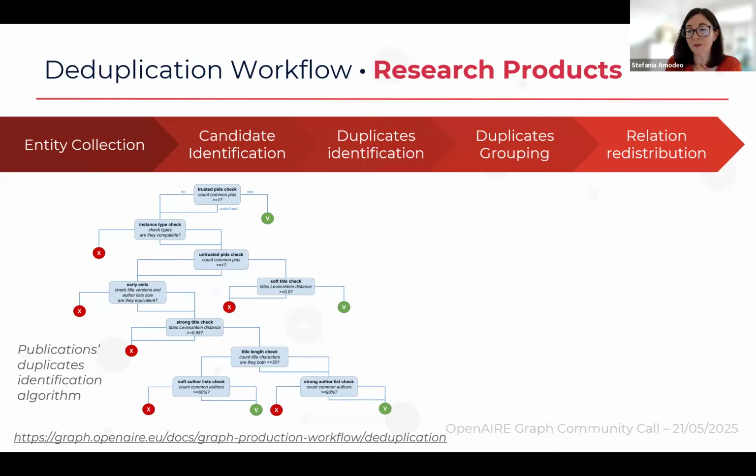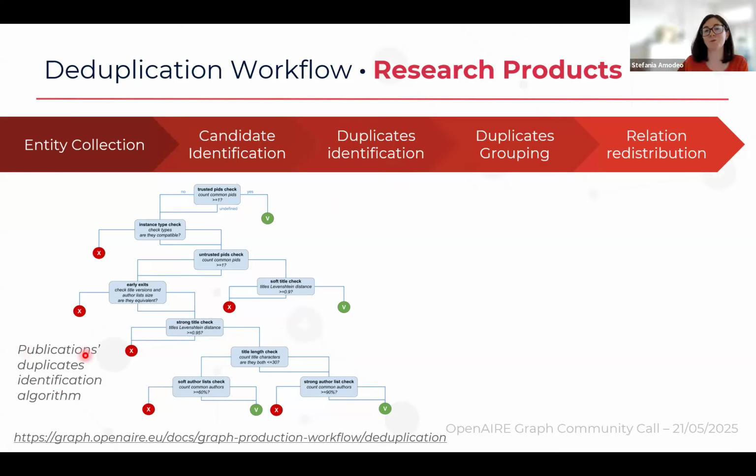This goes through a decision tree, like the one that you see here. This is an algorithm that is optimized for the specific entity that we are about to assess. In this case, you see here what we use for the publications.